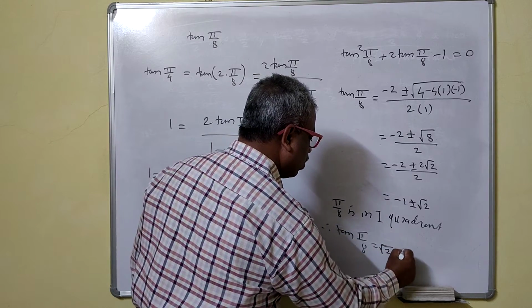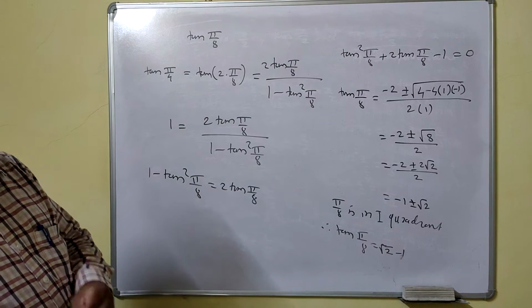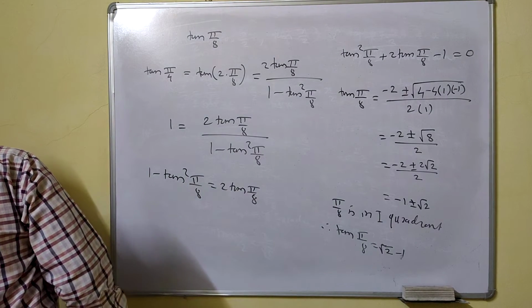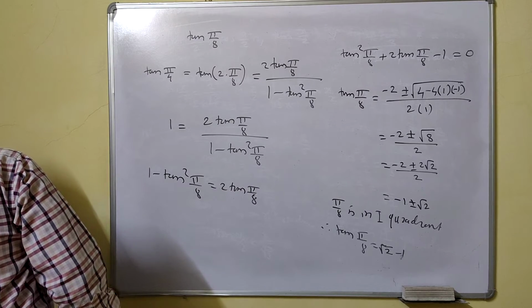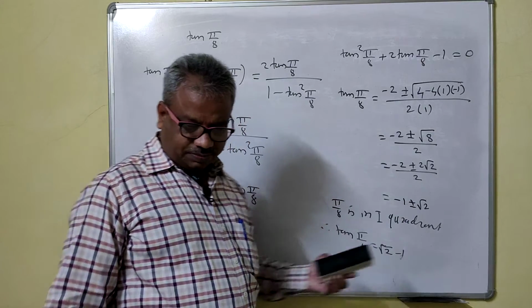Note that root 2 is greater than 1. So the value of tan pi by 8 is root 2 minus 1, or minus 1 plus root 2, whatever.